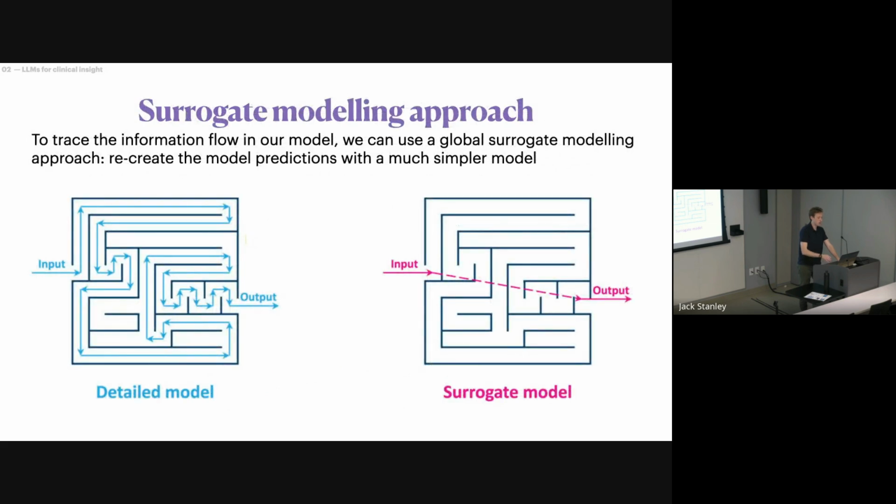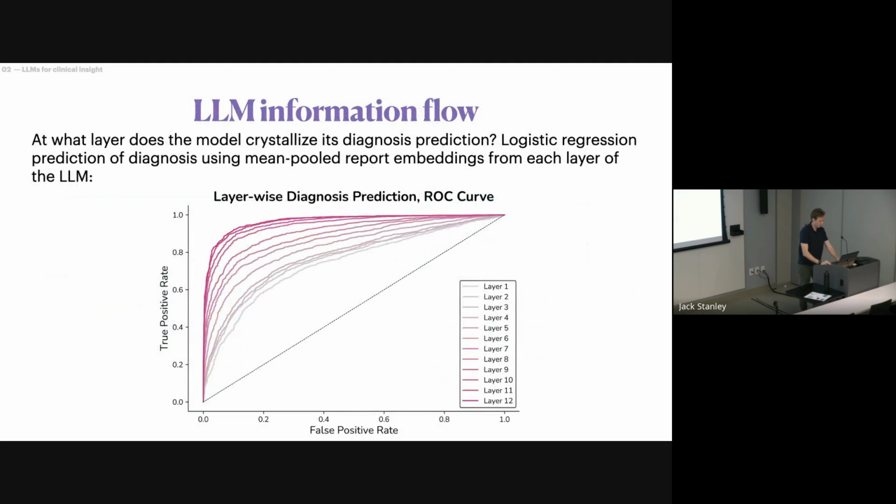Then we wanted to really trace the information flow in the model. At what layers does this diagnosis relevant information actually emerge? So to do this, we did a global surrogate modeling approach, where you can see with a more detailed model, there's lots of various steps that are somewhat hard to interpret. But with a surrogate model, something like logistic regression, we were basically attempting to recreate the outputs of our much more complex model using a much simpler model. And we can see something that is somewhat expected here.